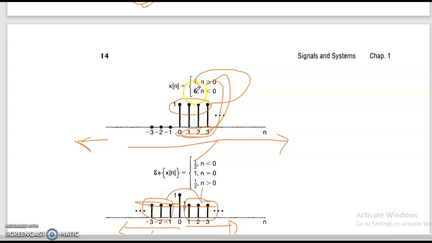The condition is that x of n is 0 when n is less than 0. So for this condition only, it is 0. Here the condition is open, and here it is closed.